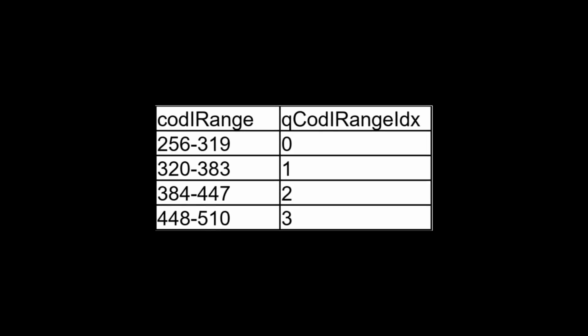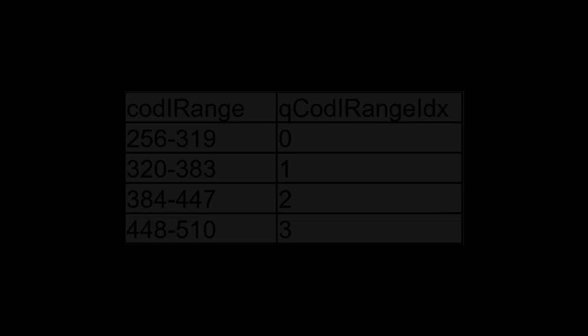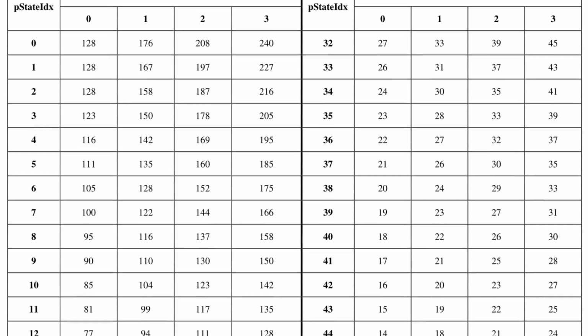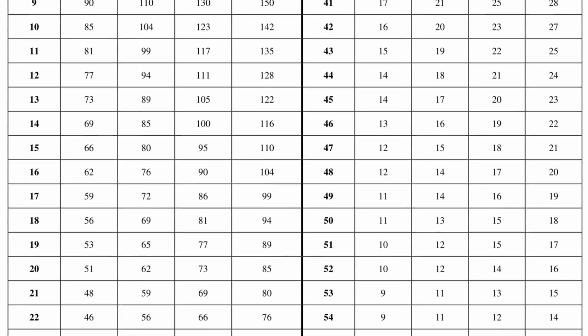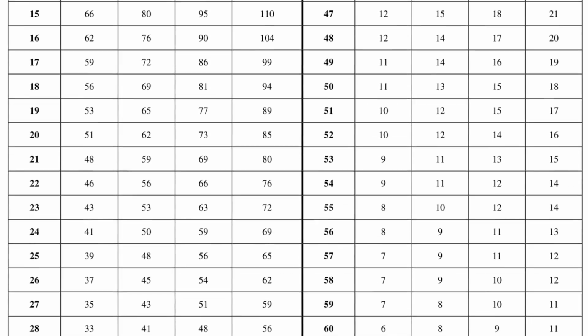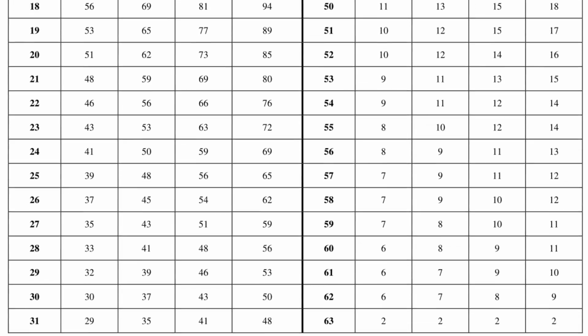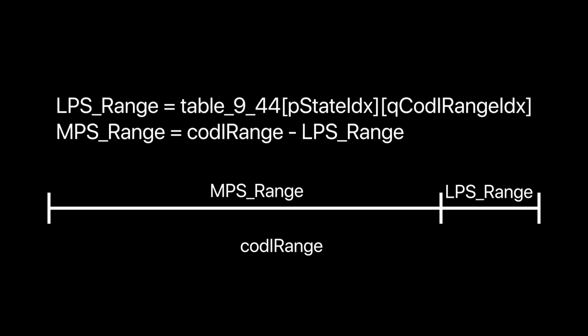We can do so using this mapping. Next, reference table 9-44 in the H264 specs to map p_state_idx and qcode_range_idx to LPS range. Then, MPS range will be equal to the coding interval range minus the LPS range.